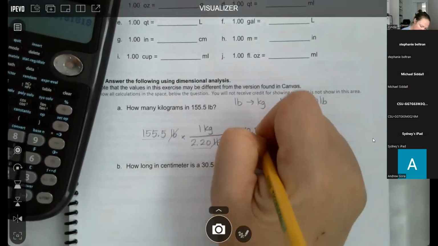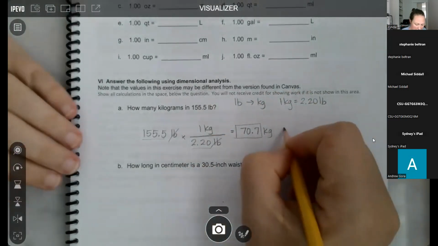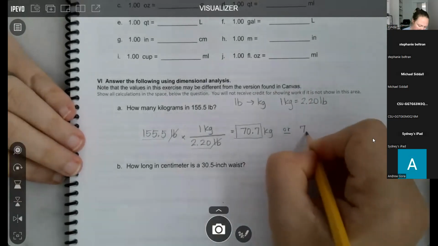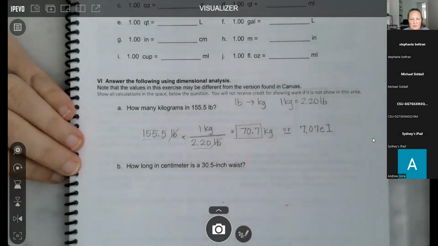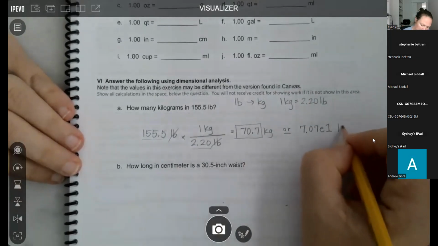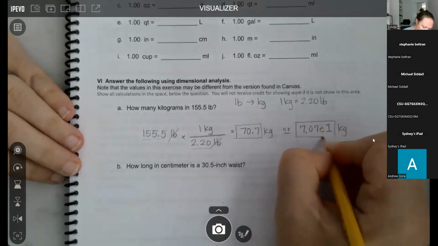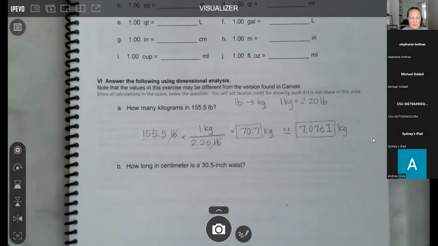You could put 70.7, that would be fine to put in Canvas, or you can always convert this to scientific notation, and you would do that by writing 7.07 e to the 1. That would also be fine. In this section, I don't think it says you have to do scientific notation, so it's optional. Both would be marked correct. Okay, so that is the idea.